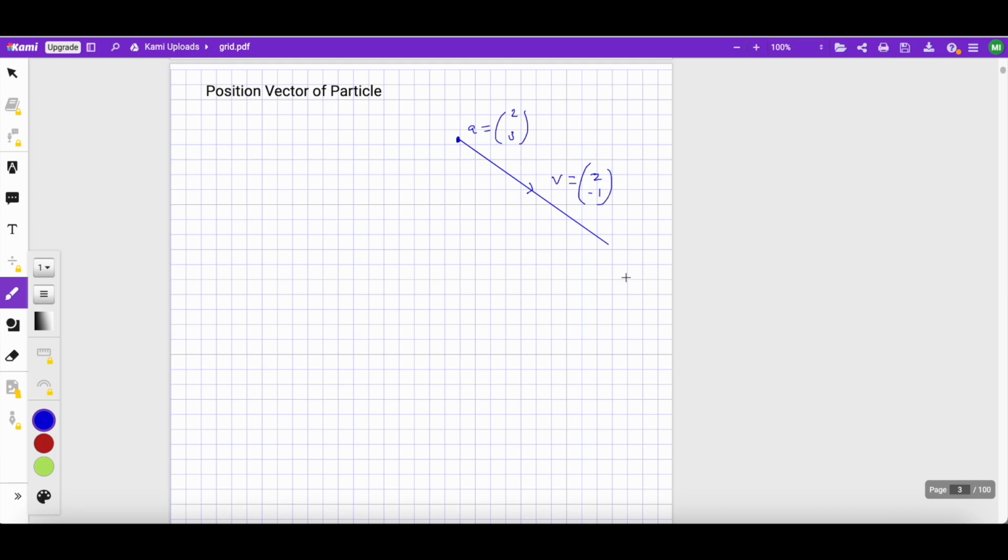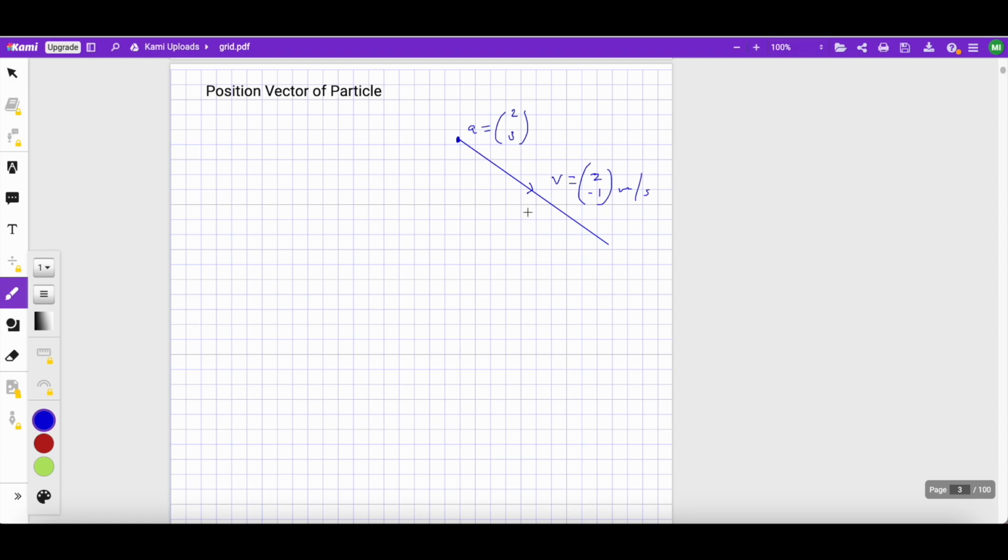Let's assume we know that a particle's current position is at A, which is 2, 3 from 0, 0, and the particle is moving at 2, minus 1 meters per second. That is the velocity vector, meaning that the object will be moving 2 units to the right and 1 unit down per second.